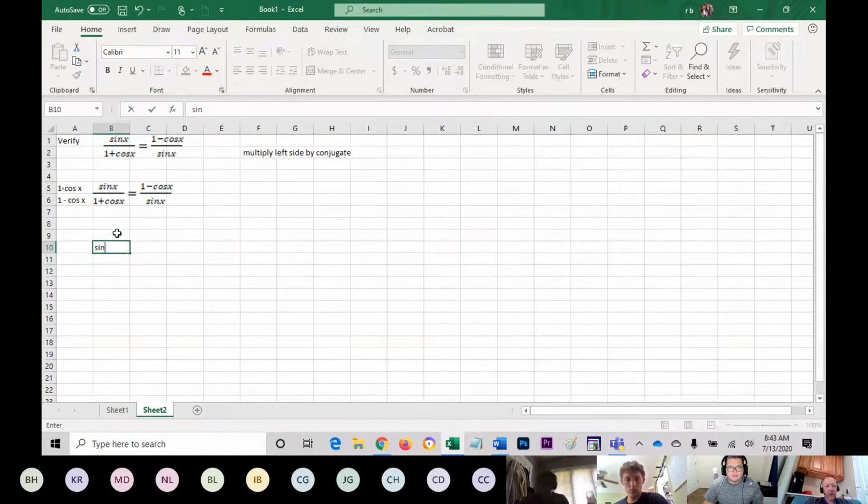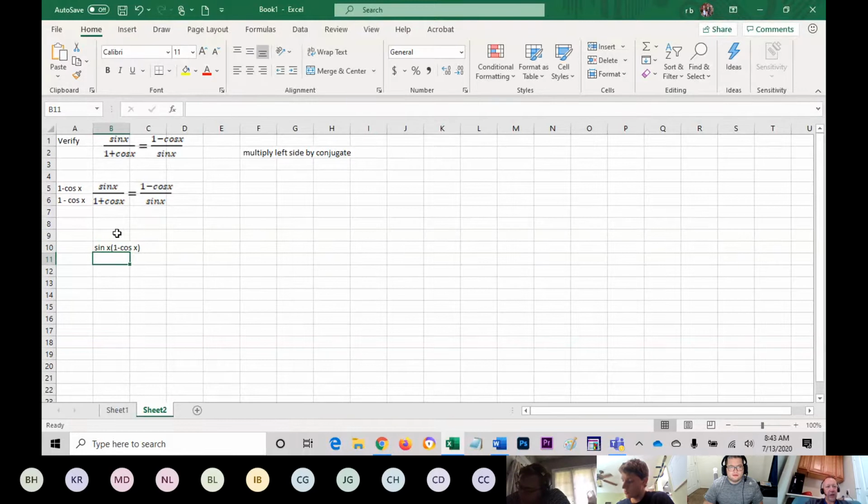And then on the bottom, it would be 1 minus the cosine squared of x. All right, well done. Okay, so this is our fraction here.